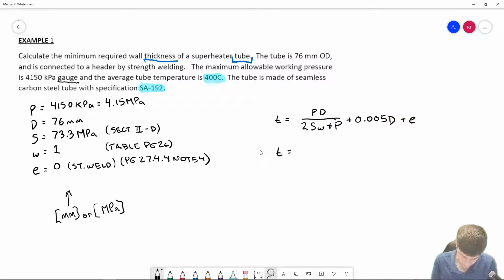So my thickness is going to be equal to 4.15 times my diameter 76 upon 2 times 73.3 times 1 plus P, so 4.15, plus 0.005 times 76 plus E, which is 0.